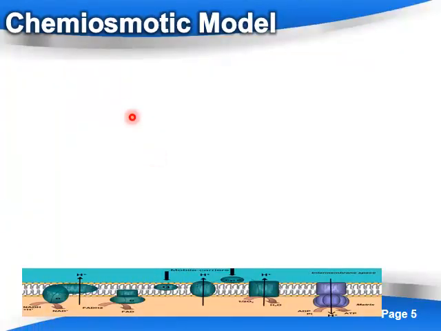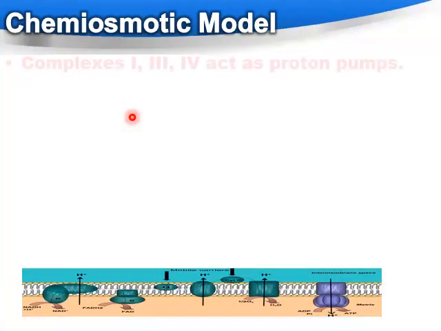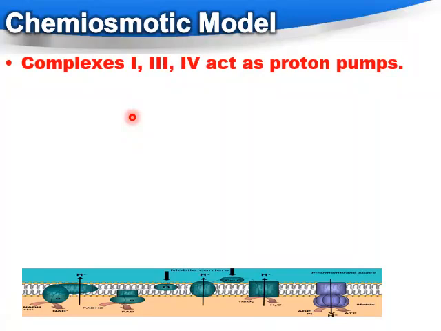What is the chemiosmotic theory? The passing of protons at complex 1 and electrons at complexes 3 and 4 is like higher steps in the stairs, resulting in the release of free energy.